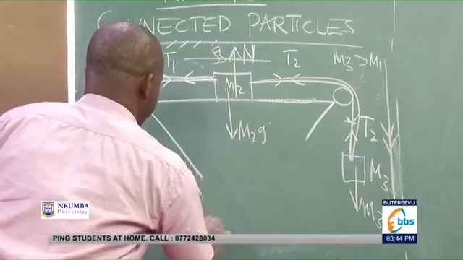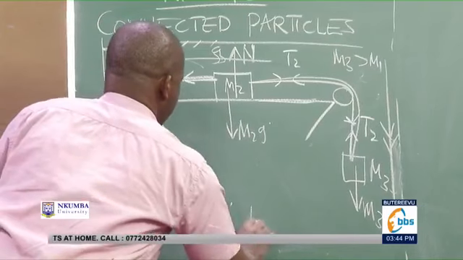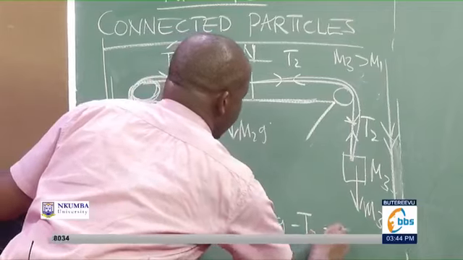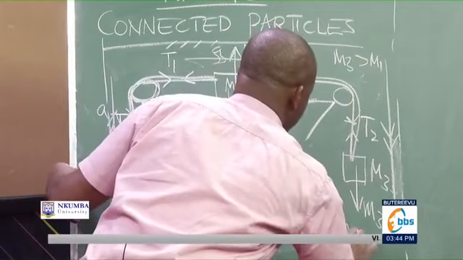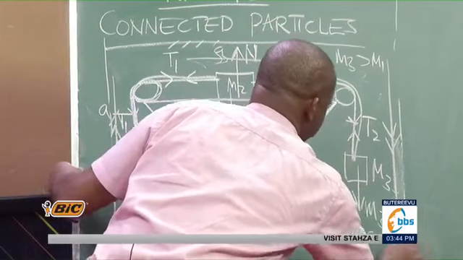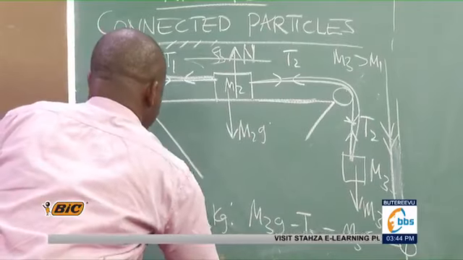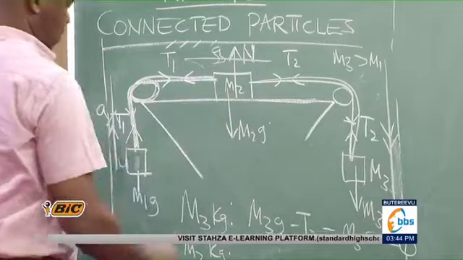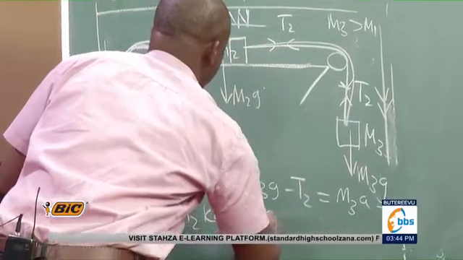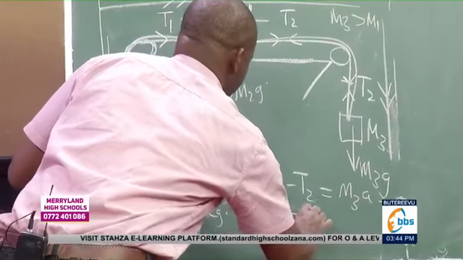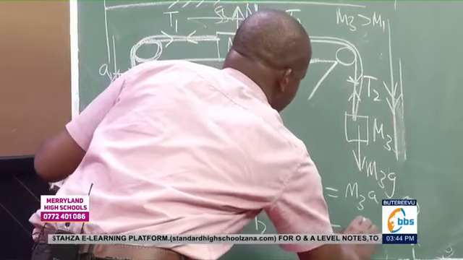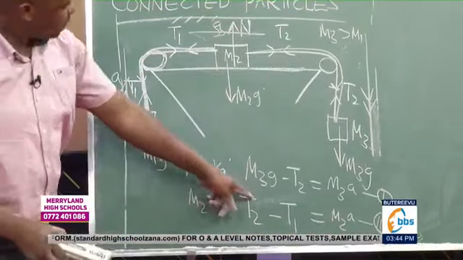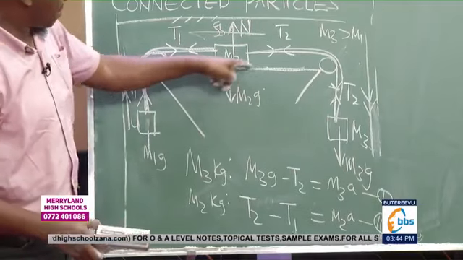Quick equations: the M3 kilogram mass will give us M3g minus T2 equal to M3 times the acceleration. The M2 kilogram mass will be acted on by the two tensions, so its motion will depend on T2 minus T1 being equal to M2a, only if this surface is smooth.